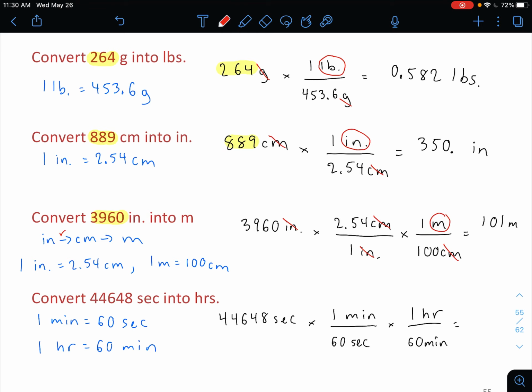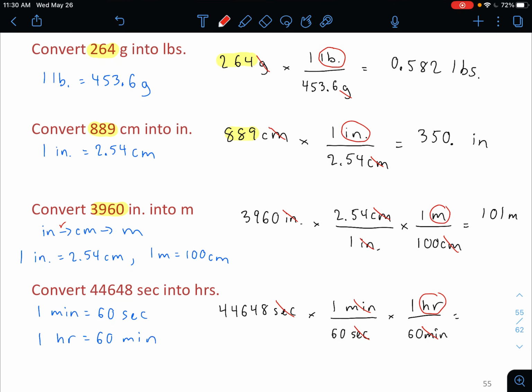We can verify that our units are canceling correctly, right? Seconds with seconds, minutes with minutes, left with hours. Let's see what we get here. I might write it in the line below just because I got a little crowded. I got 12.40222222.